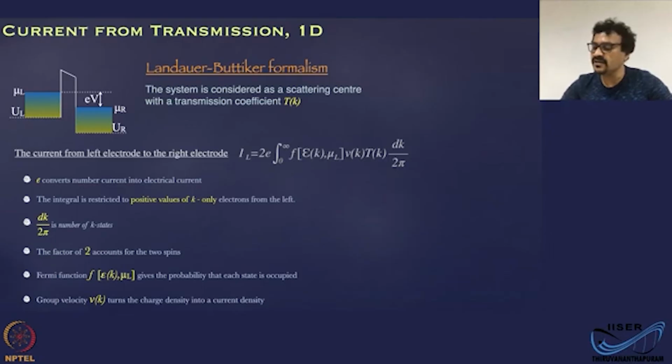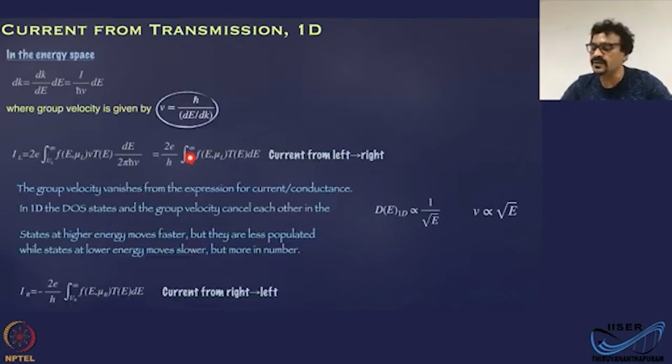You don't need to consider the whole 0 to infinity here, because the available starting energy is UL to infinity. When you consider the other side, it will be UR to infinity. So it's the integral from UL to infinity of the Fermi function, then the transmission probability for the state, integrated over dE. That's what you're going to get. This is the current from left to right.